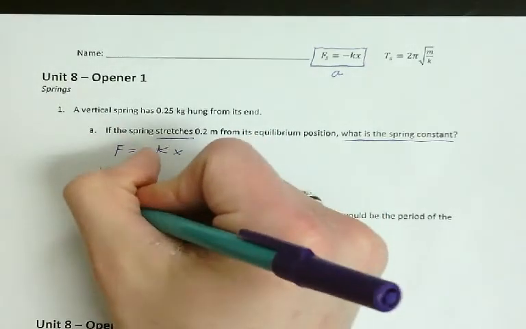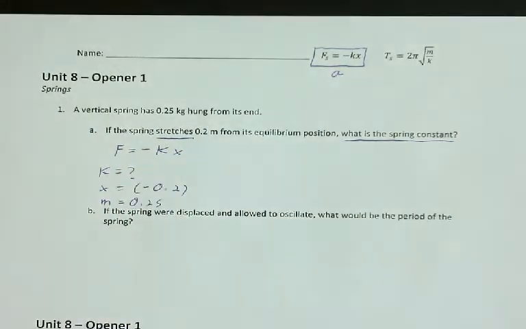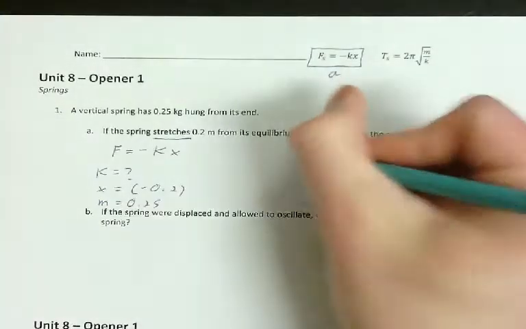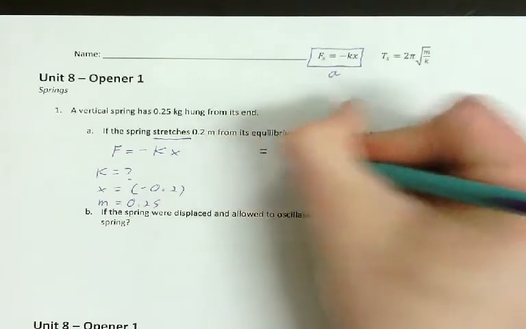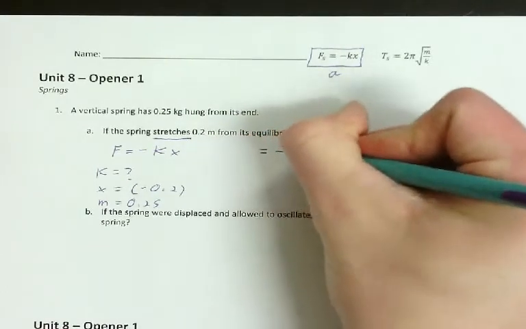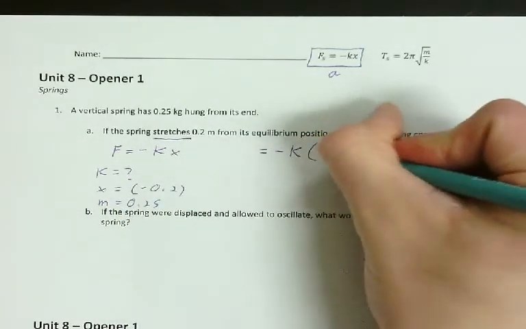And then we're also given the mass of 0.25. So I'm ready to plug into the equation. I'm not given a force, so I'm going to leave force blank for now. I'm solving for k, so negative k, and then my displacement x was negative 0.2.